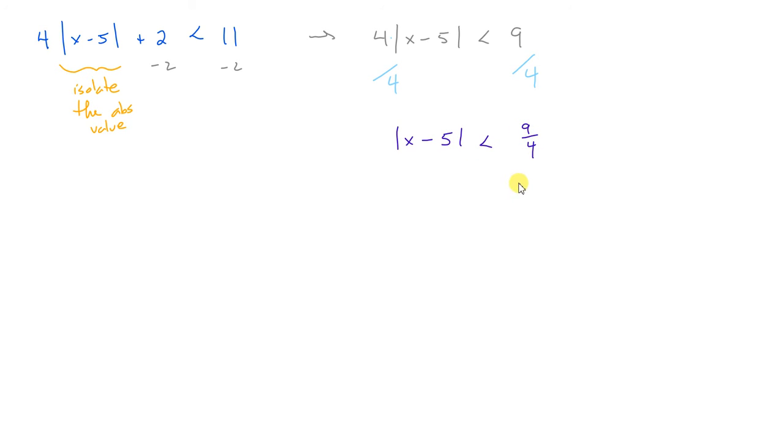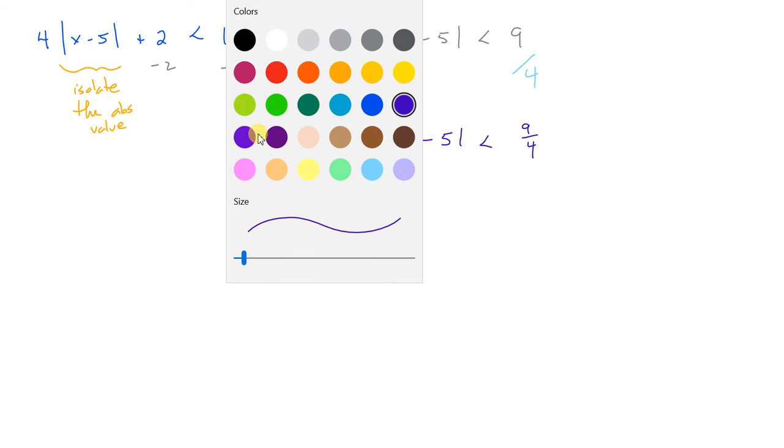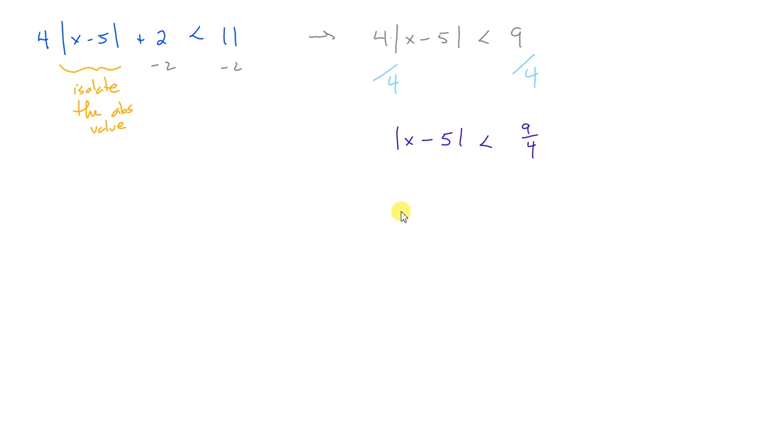Now, remember, an absolute value technically means the distance that the quantity is from 0. So essentially what we're saying is this x minus 5 quantity, we don't know what it is, but its distance from 0 on the number line is less than 9/4. This is really the distance of whatever's inside the absolute value, in this case the x minus 5, from 0 on the number line.